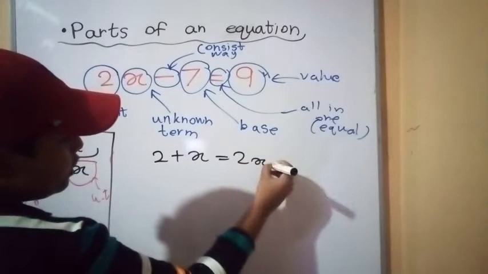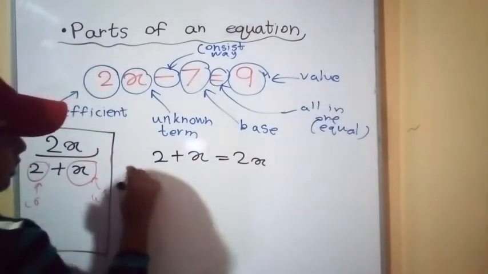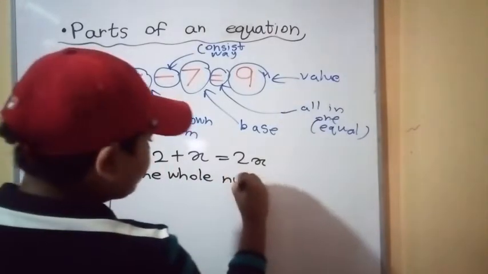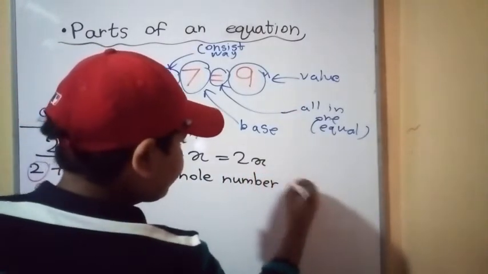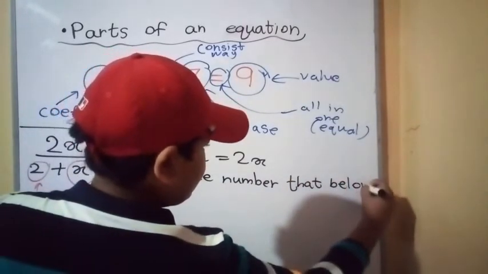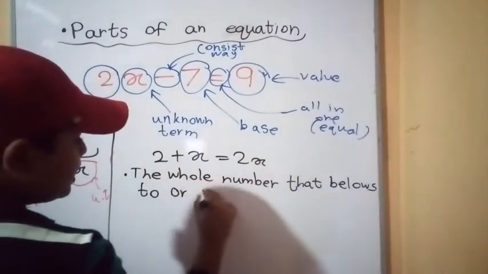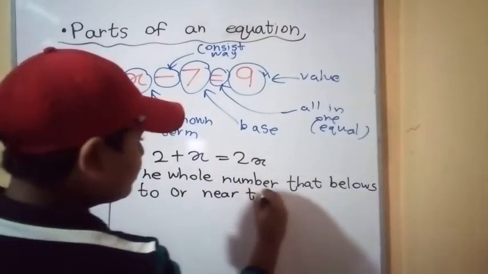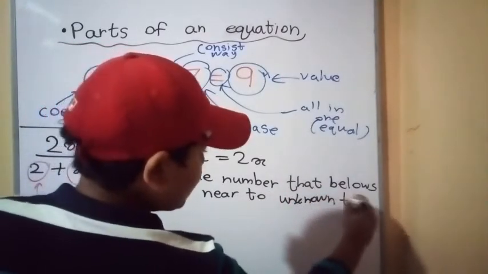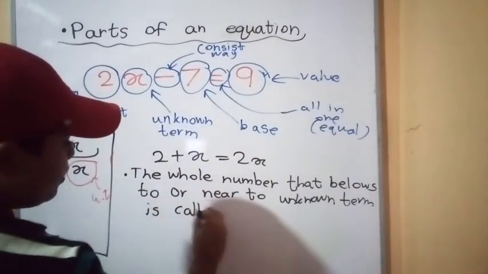Now that means the whole number that belongs to or is near to the unknown term is called what?